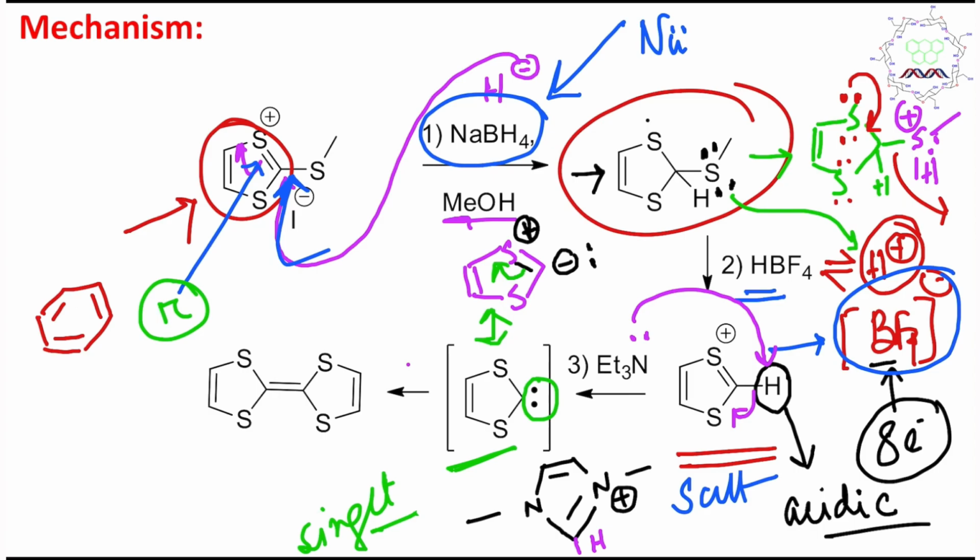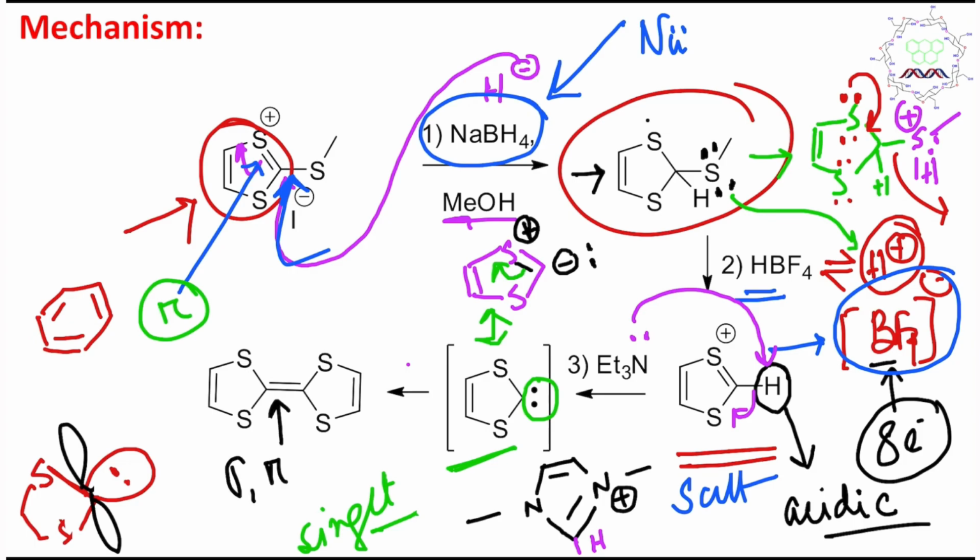Now you can say, sir, in the case of a singlet carbene, this is an sp2 hybridized orbital, so this sulfur is carrying a lone pair of electrons, and there is one vacant p orbital. So how can these two bond and form a sigma as well as a pi bond? Remember students, every reaction is associated with a particular extent of energy, meaning every chemical transformation needs some energy, and that is called the energy of activation.